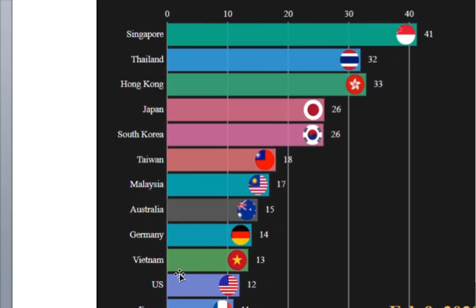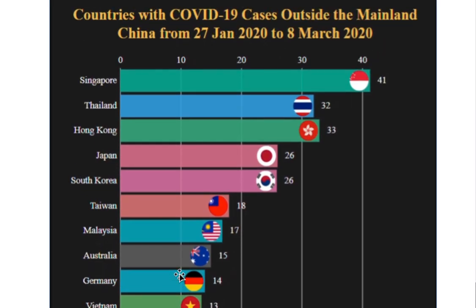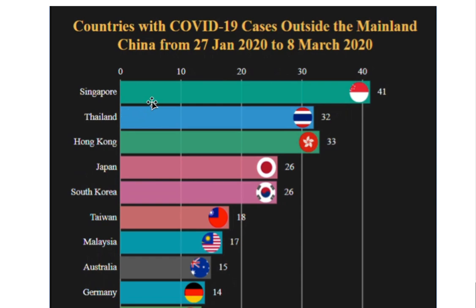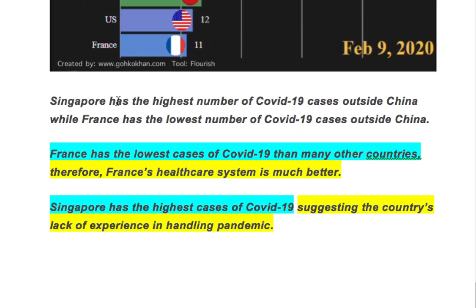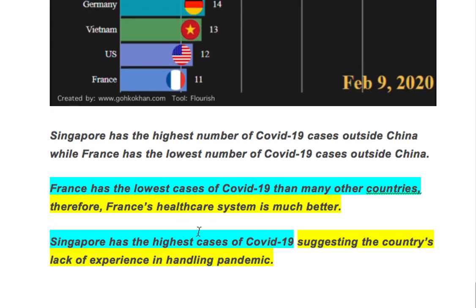So that is basically true because that is what is mentioned in the data here. Singapore has the highest number. So Singapore has the highest cases of COVID-19, which is true, suggesting that the country's lack of experience in handling pandemic. Is that true? Think about it. Is that a fact or just an opinion?